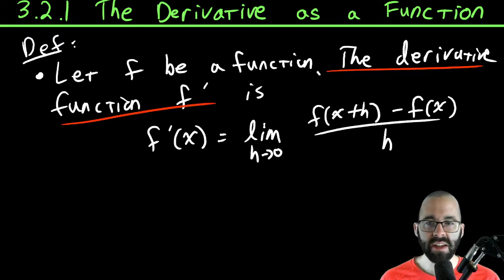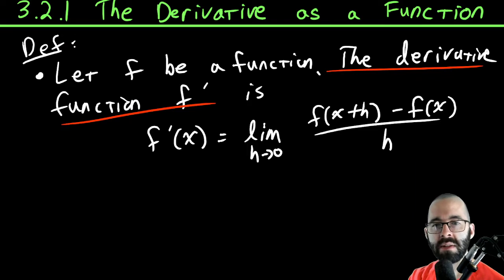Now, why do I say this is nothing new? It's because this is the same exact formula we use to calculate the derivative at a point. And that's what this section's all about. Okay, we've calculated the derivative at a point. Now let's calculate the derivative at all the points all at the same time.